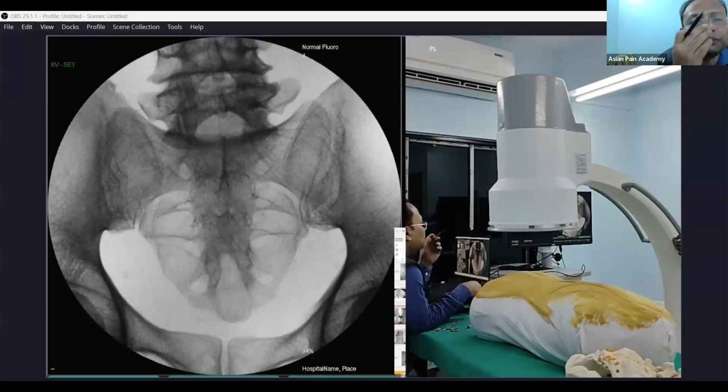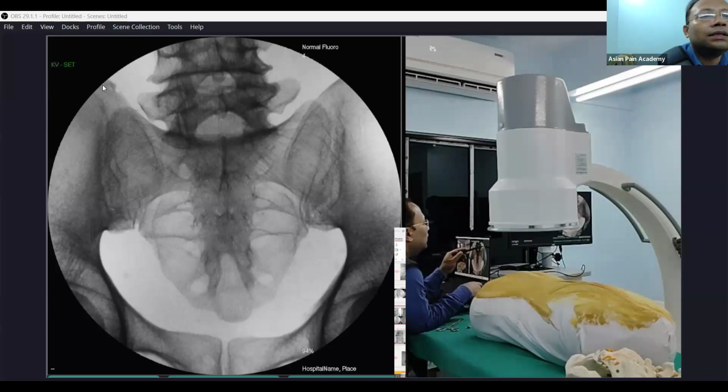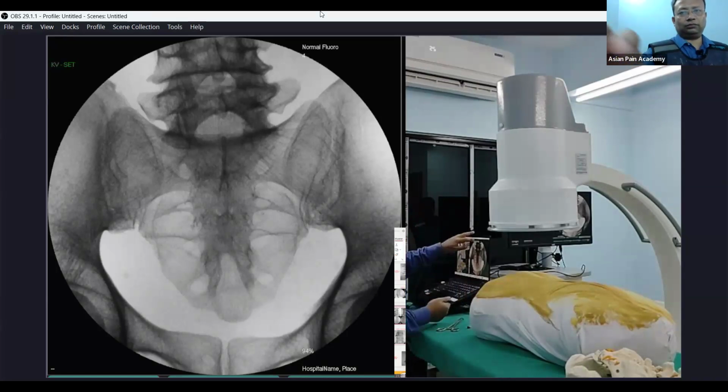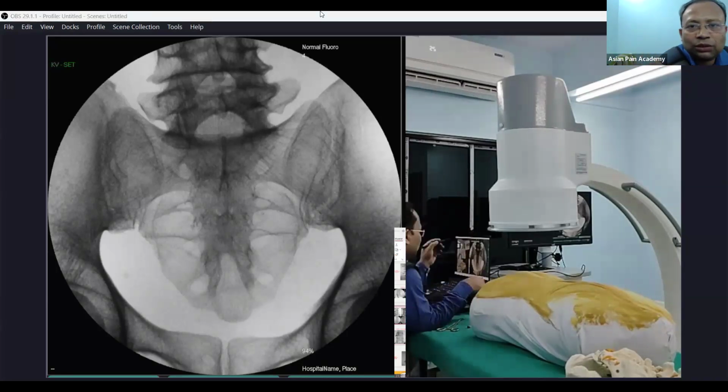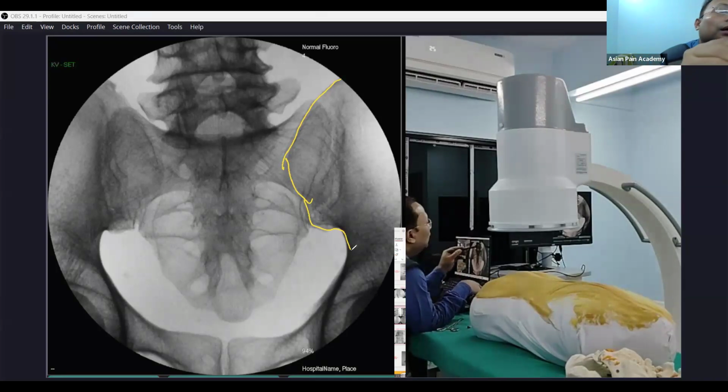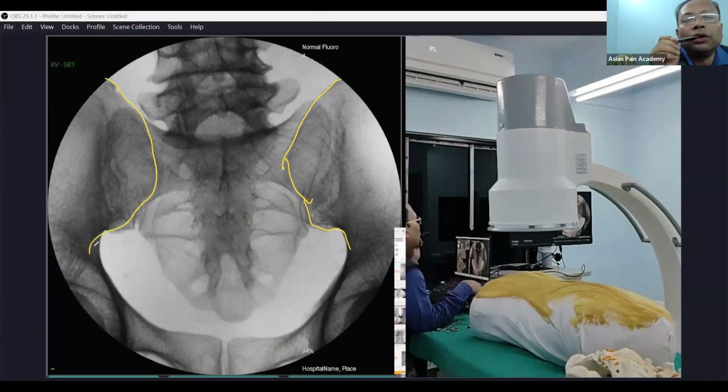Okay, let us see where is the SI joint now. Now you see, this is the hip bone.